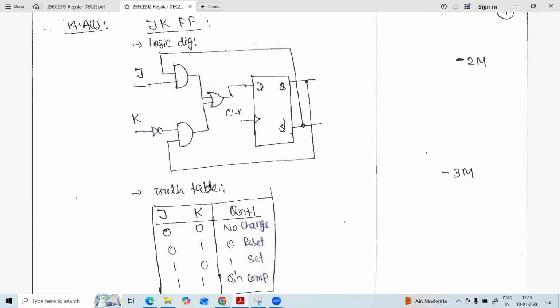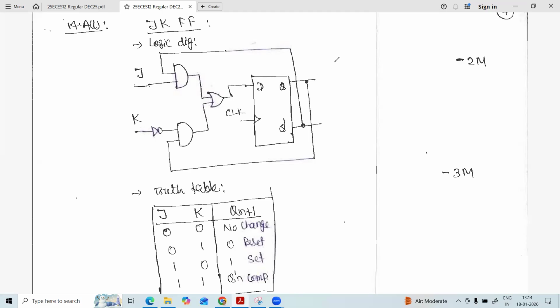First we need to explain the JK flip-flop. You know that the JK flip-flop can be designed with the help of a D flip-flop in this way. Since the D flip-flop is economical, we try to design most flip-flops with the help of a D flip-flop. Here Q bar is one of the inputs to the JK flip-flop.